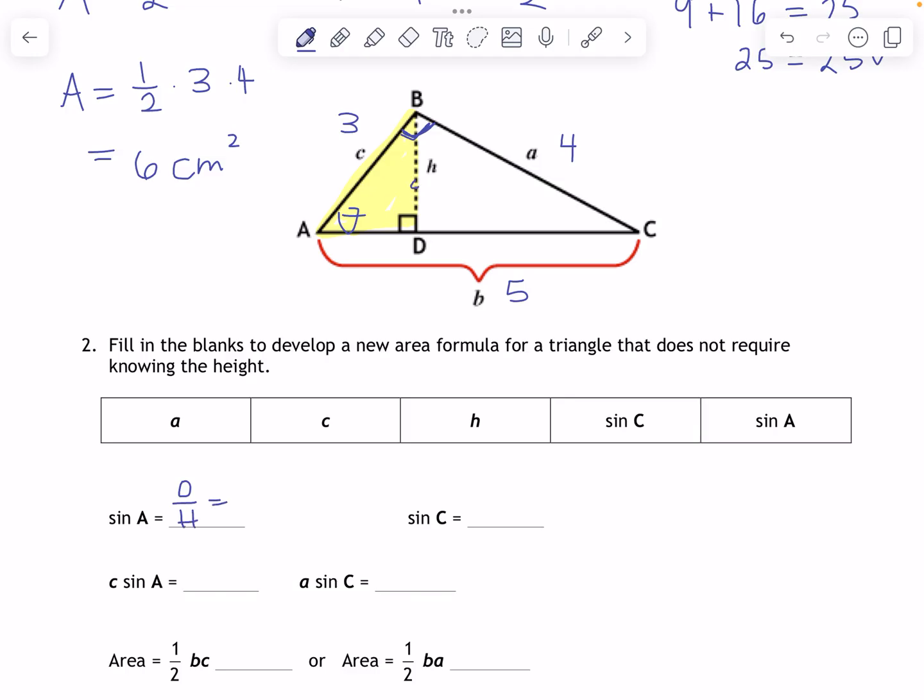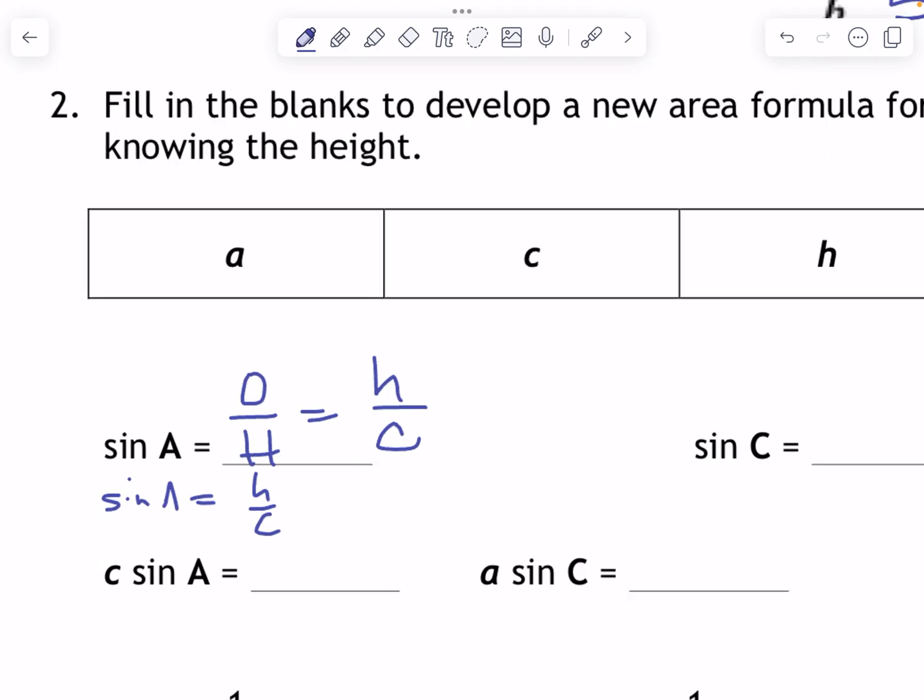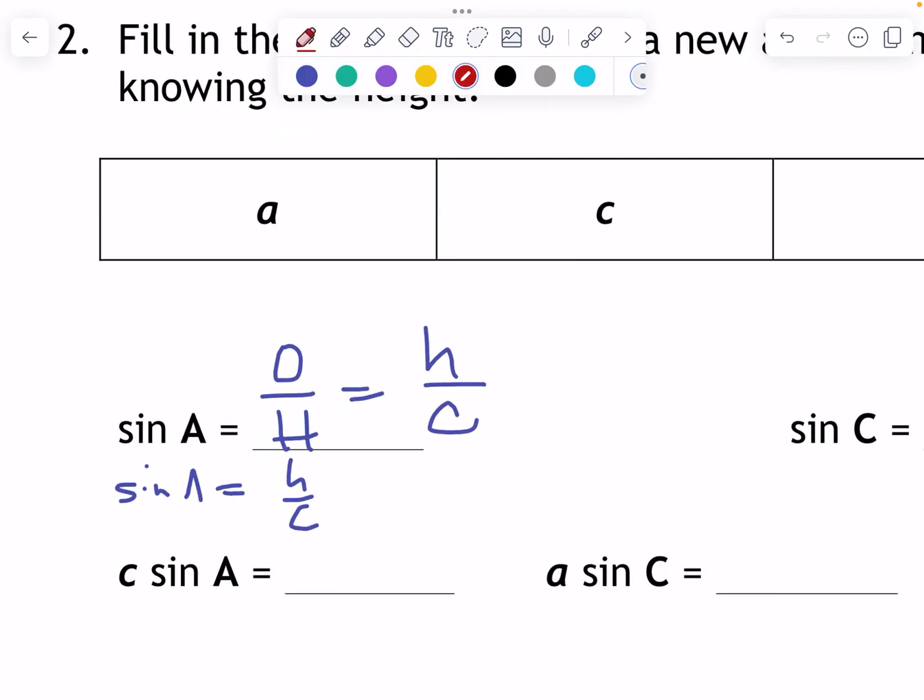Compared to that theta, my opposite is h, and my hypotenuse is c, so I can write my ratio of opposite over hypotenuse as h over c. If the sine of A is equal to h over c, I could clean this up a little bit by multiplying both sides by c, get rid of that fraction, and now I know that c times the sine of A is equal to h.